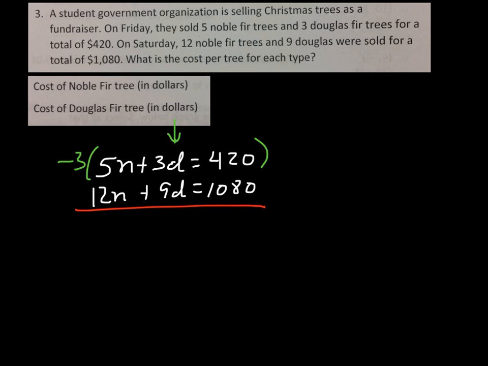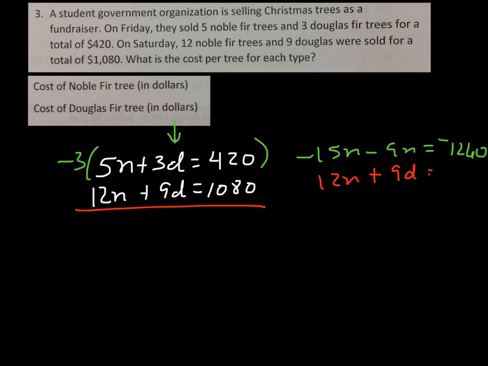And I have to distribute that -3. So I get -15N minus 9D, and then you even have to multiply the 420, so you get -1260. Now, I'm not doing anything with the second one, so I'm just going to write it over here, plus 9D.